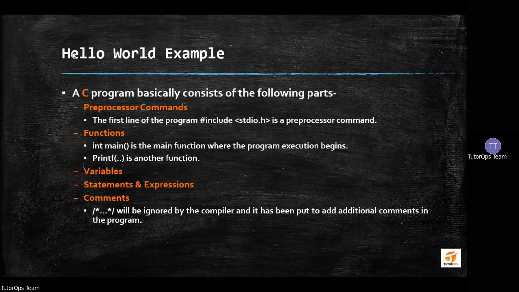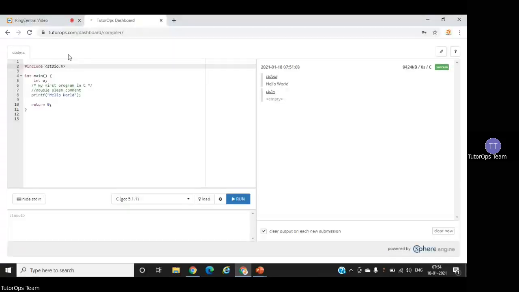The next point is functions. int main is the function where program execution begins. If you write multiple functions in this program, how will the compiler know from where to start execution? So by default, in C, whenever the compiler finds the main function, it starts execution from there.